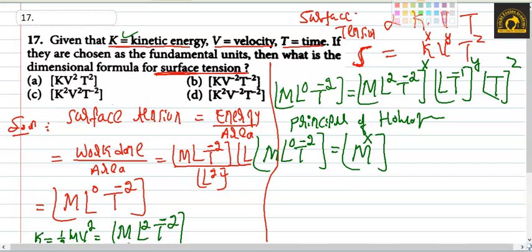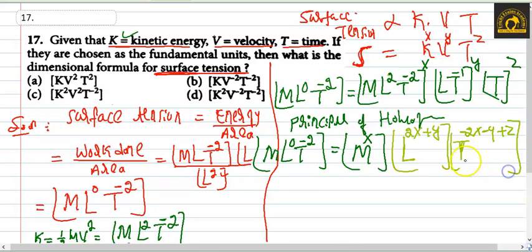Then L to the power of 2 into x, 2x, plus 1 into y, so L to the power of 2x plus y. Then T to the power of minus 2x minus y plus z.